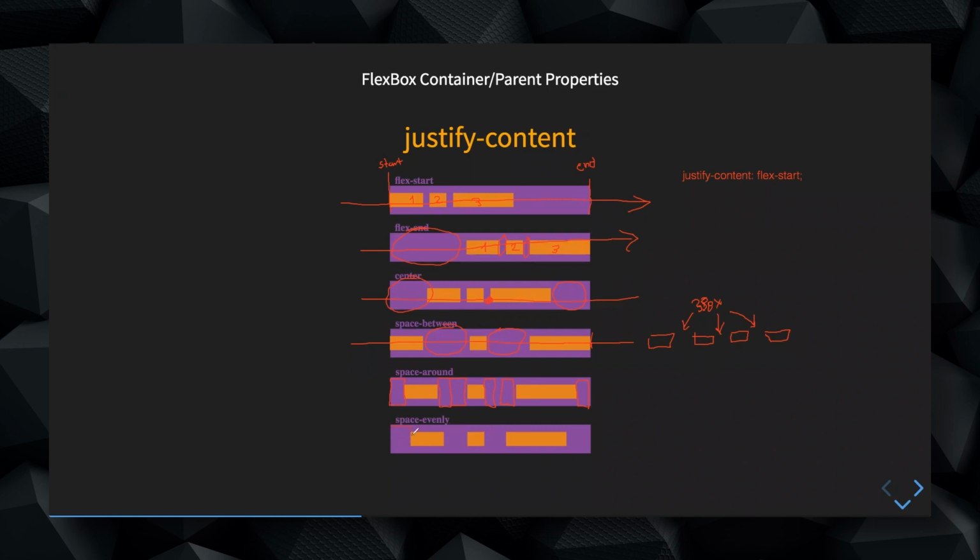So at this point, we're going to have X space here, X space here, X space here, and exactly the same space here. So it's evenly distributed, and we have a result that looks, I don't know, a little bit better than space-around. But this, of course, depends on what layout you're trying to create and what kind of design you've got.